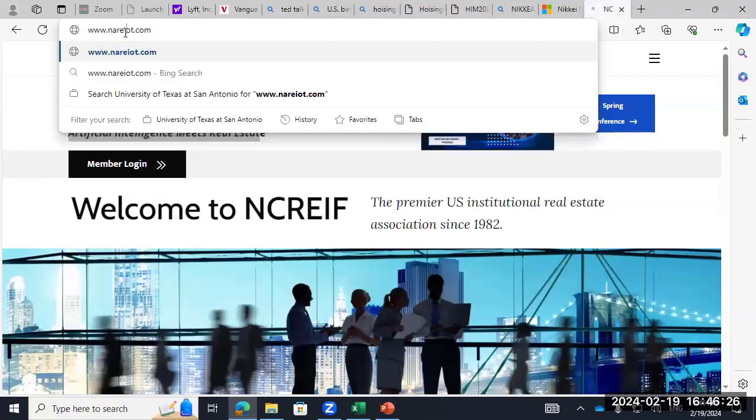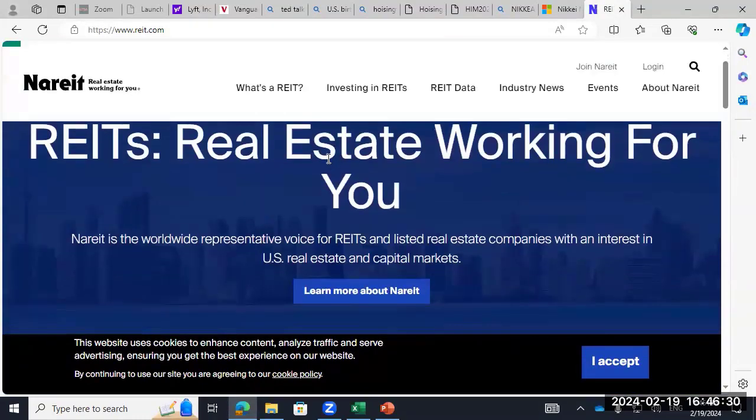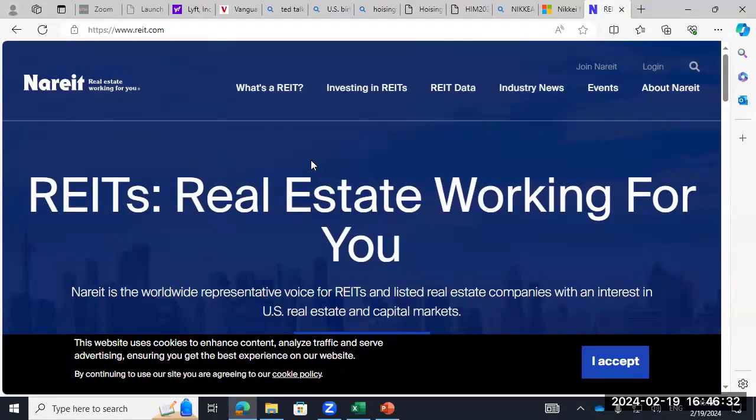NAREIT.com, if I could type. So NAREIT is real estate, but specific to REITs. REITs are real estate that's traded as a stock. There's a bunch of tax rules about it. It's still a small smidgen of the real estate market. Not that much real estate is traded like that.